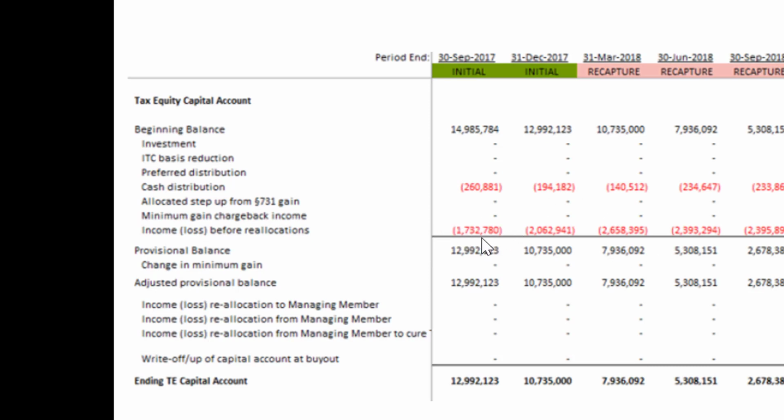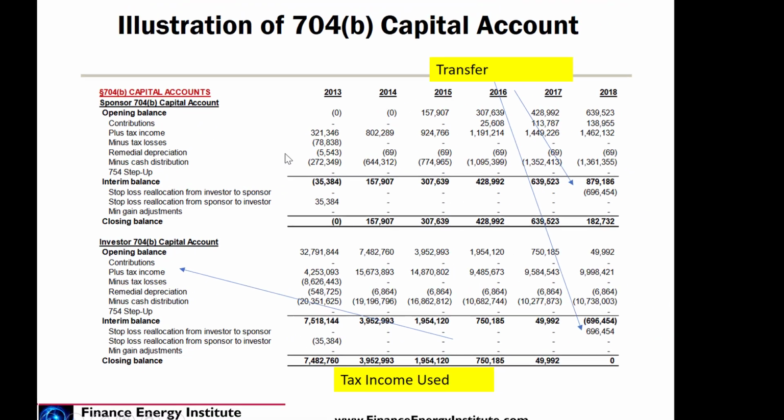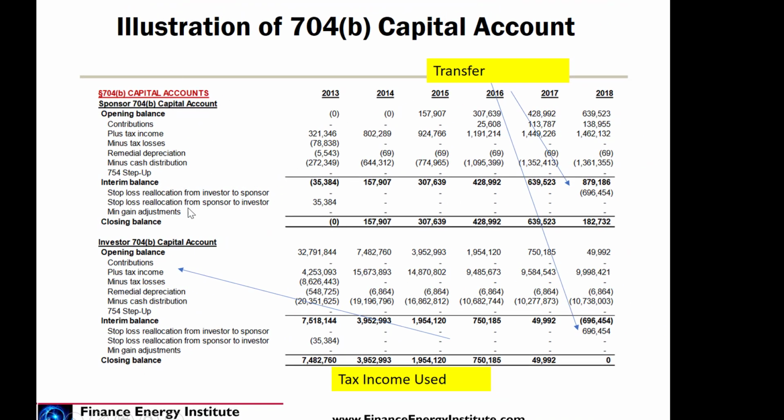This has tax depreciation in it. Some people said no, it's book depreciation. This one again has tax depreciation in it, but this time they have this stop loss reallocation, and this one has two different accounts, and maybe that's why you need it. This is the sponsor or developer account. This is the tax investor account.